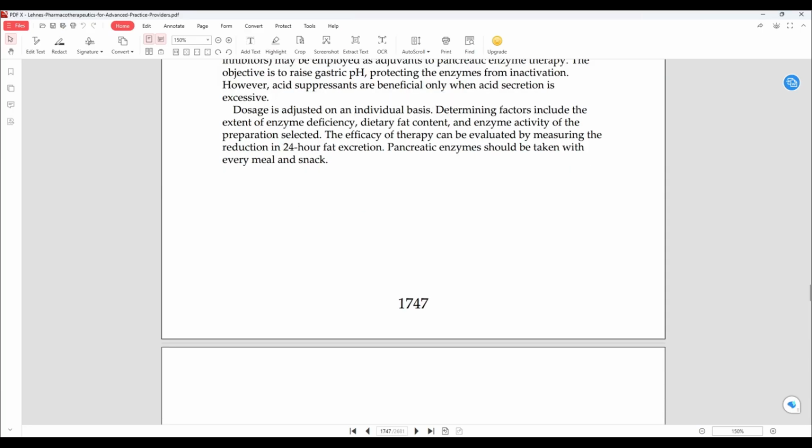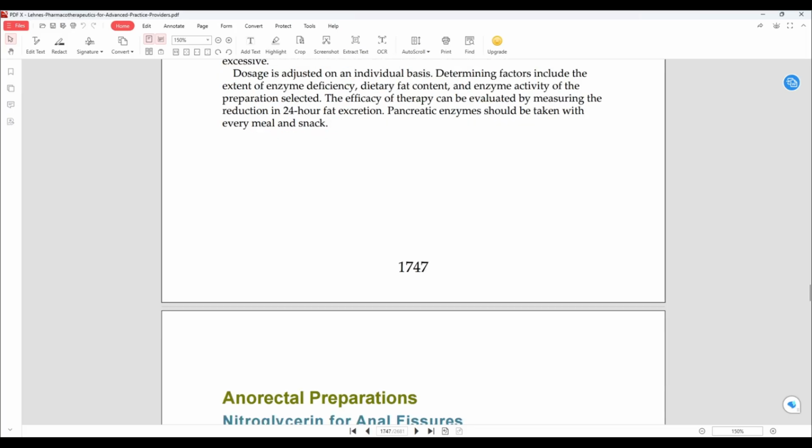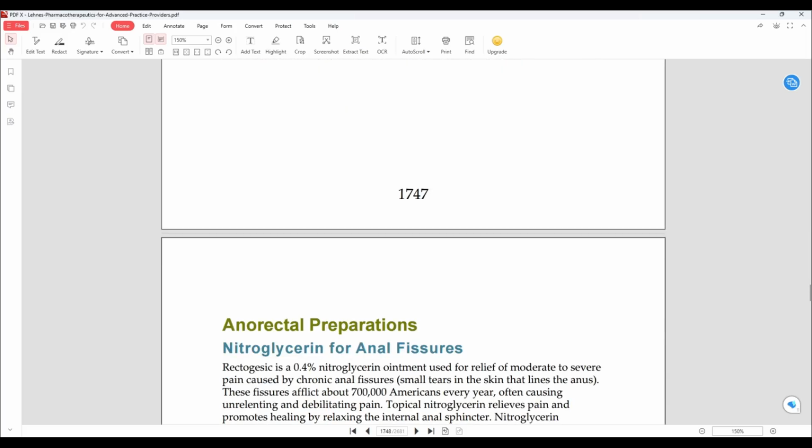So, dosage is adjusted on an individual basis. Determining factors include the extent of enzyme deficiency, dietary fat content, and enzyme activity of the preparation selected. The efficacy of therapy can be evaluated by measuring the reduction in 24-hour fat excretion. Pancreatic enzymes should be taken with every meal and snack.